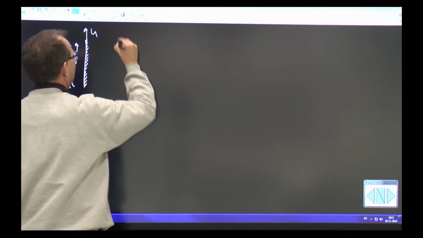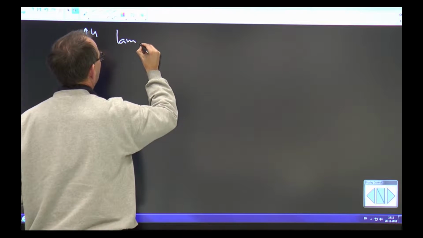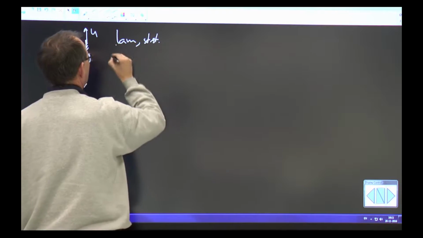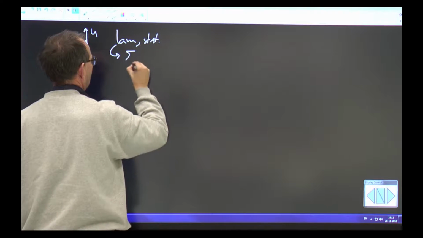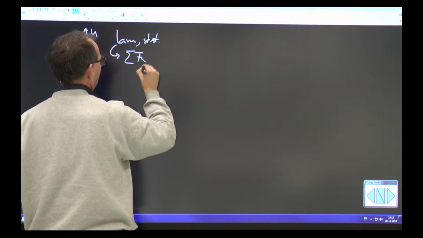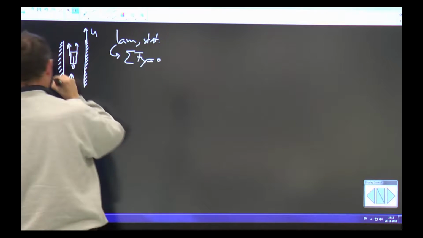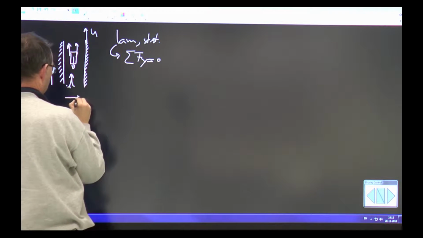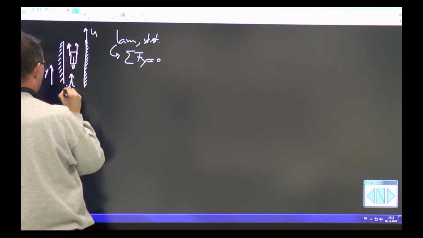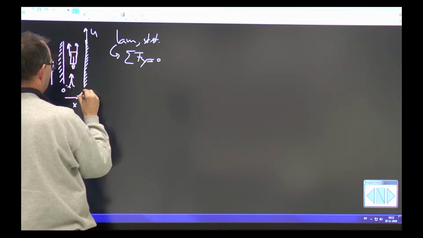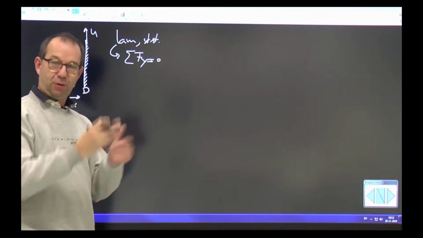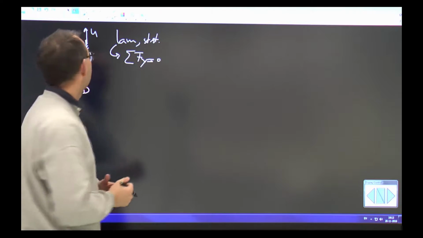If this is laminar steady state, we get that the forces sum up to 0, and we're going to note the vertical, the y direction. So this is y, this is x, this is 0, and this is d. The width of the mouth, so to say, through which the liquid can flow is d.